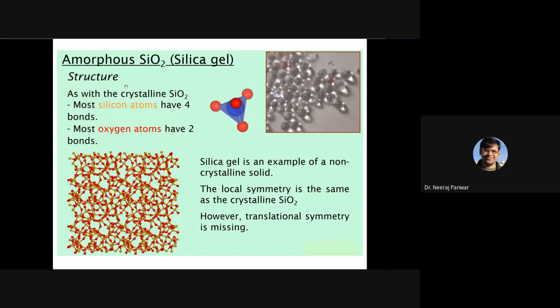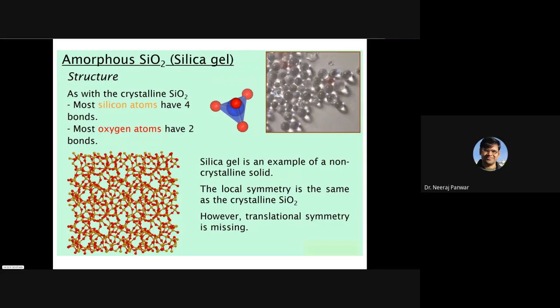Therefore, in this silicon dioxide also, this type of arrangement does not extend up to very large distances. And you can see here, the local symmetry is the same as that of the crystalline SiO2. However, translation symmetry is missing in amorphous silicon dioxide. Translation symmetry, we are going to discuss in a short while, but for the time being, I can explain.